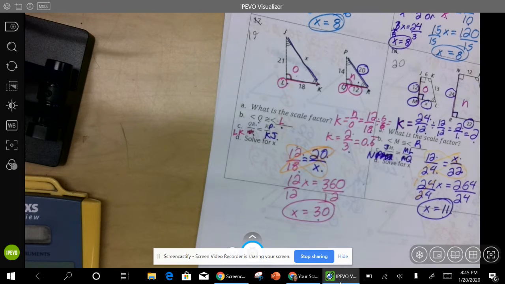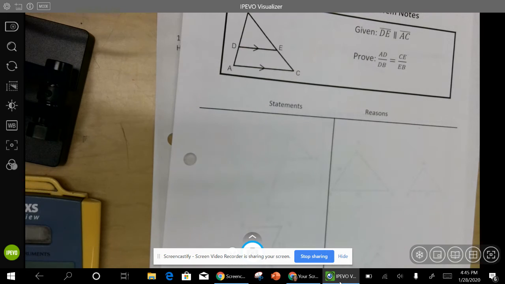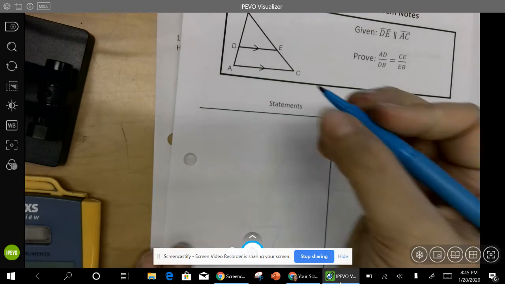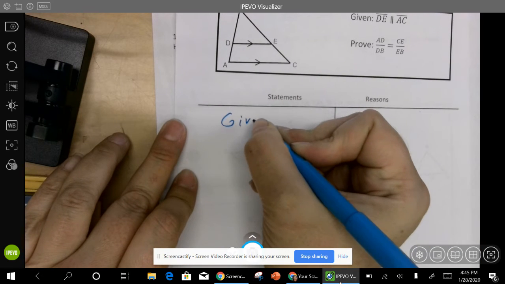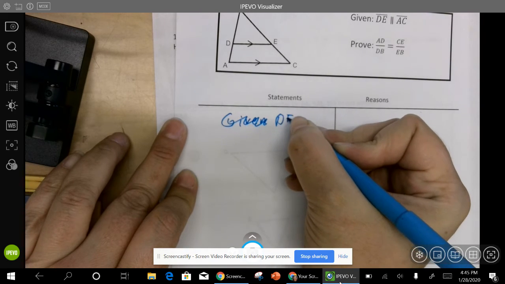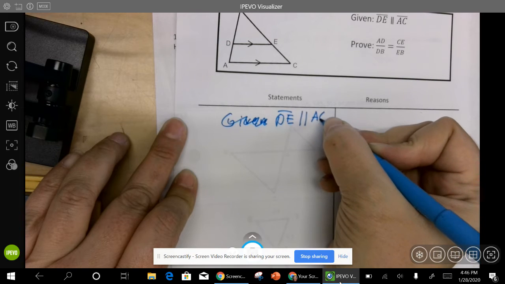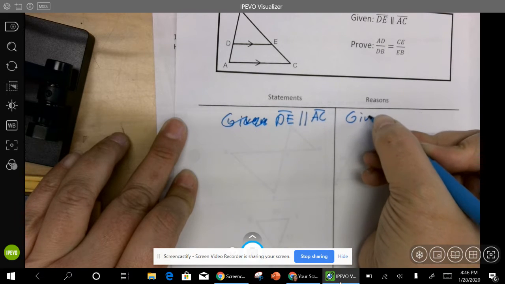Okay, so now we're going to do the proof. So the proof for this, everybody, is going to be this one. Okay, so we're going to write our givens. So given, DE is parallel to AC, and that's our given.